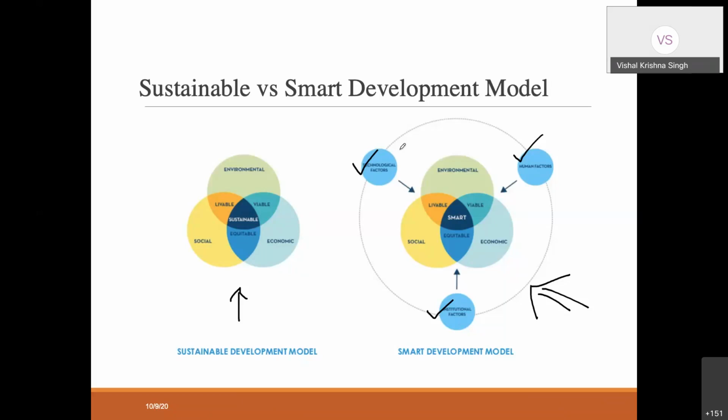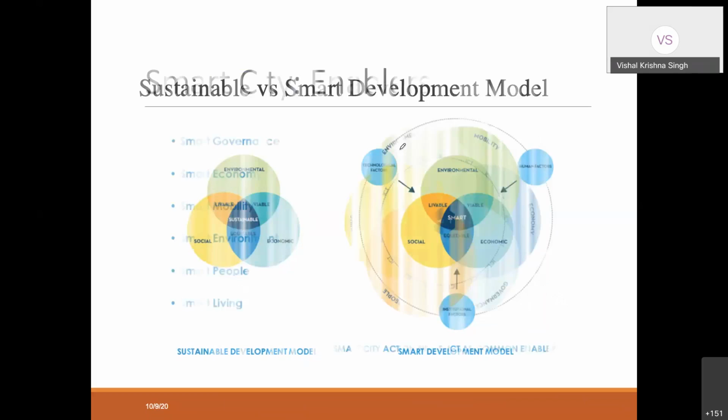So the optimized usage of these resources involves technological factors, and then there are the institutional factors. These three factors provide the fundamentals for the smart development model.